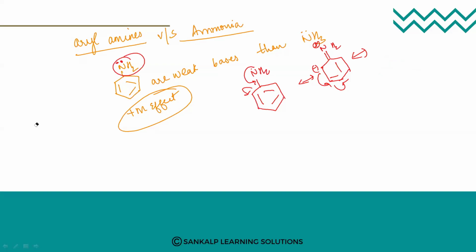So I'll show you. I'll write the complete conjugation. So here minus, so plus. Again, this charge is resonance stabilized. You can see what is happening to the charge.